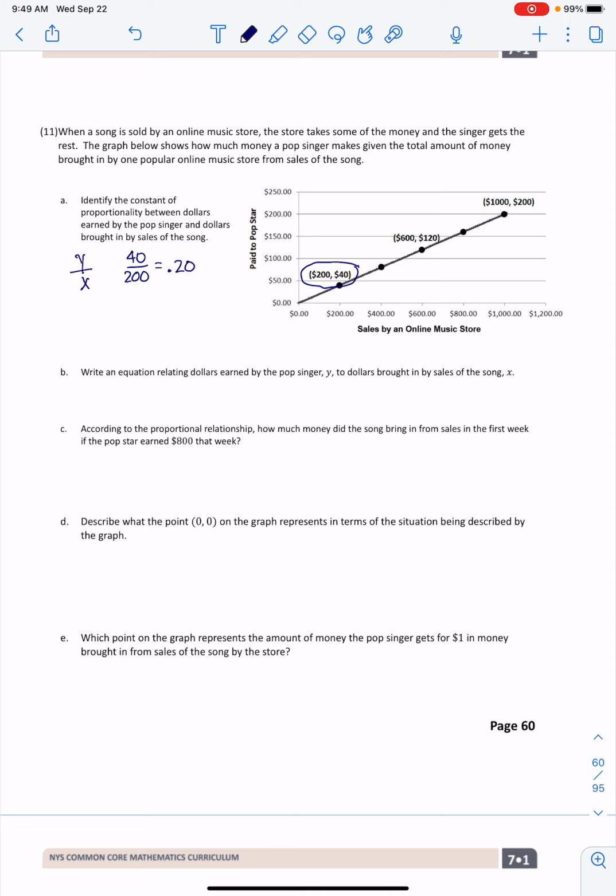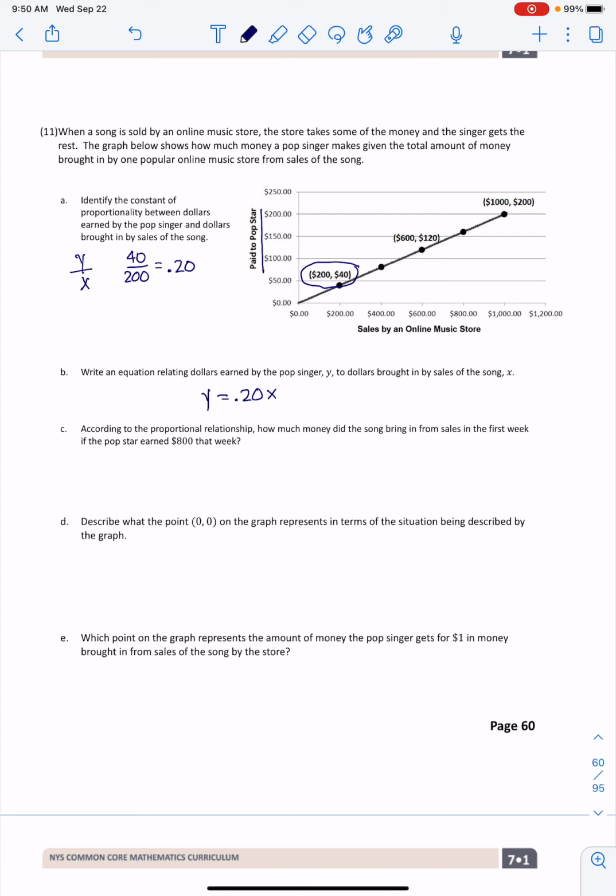So to write an equation relating the dollars earned by the pop star to the dollars brought in by the sale of the song is y equals 0.20x. So according to the proportional relationship, how much money did the song bring in from the sale in the first week if the pop star earned $800? Well, if the pop star earned $800, that's our y value.